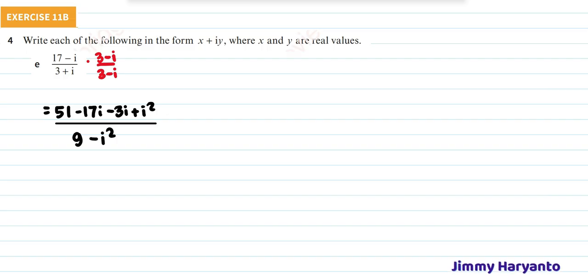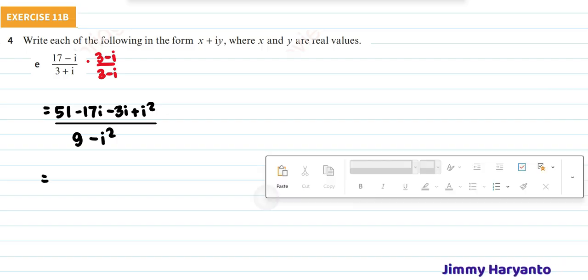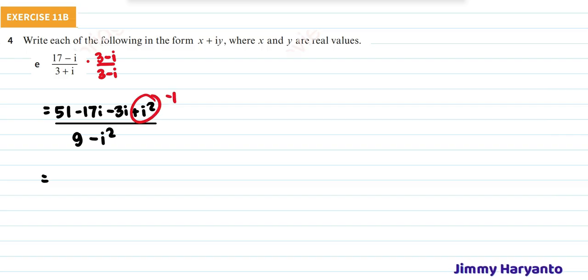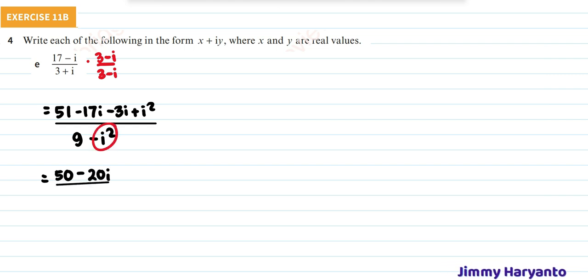The bottom part will always be like that. And then for this one 51, since this one is negative 1, that means 51 minus 1 equals 50, and then negative 20i, divided by this one is negative 1, negative times negative becomes positive, so the bottom part will be 10. Then we divide them all by 10, so you have 5 minus 2i.